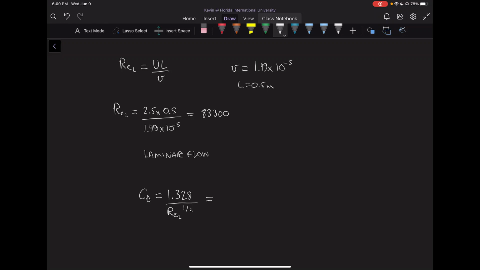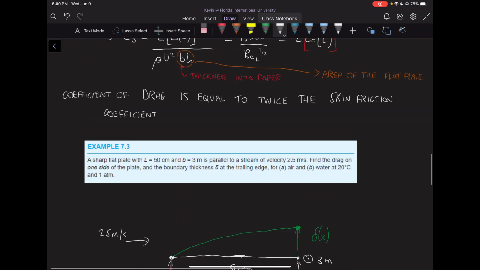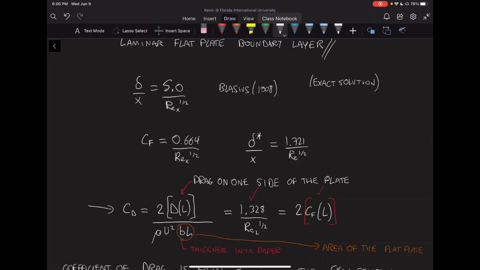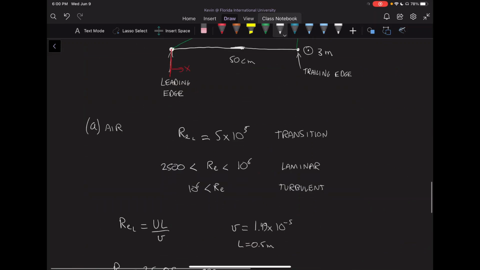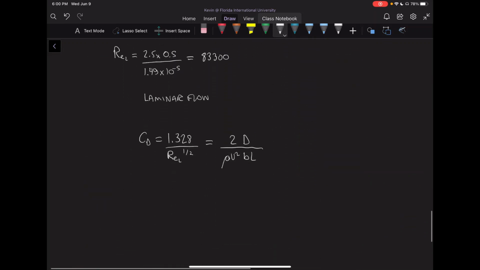And it's also equal to 2 times the drag divided by rho u squared BL. And we can verify this from our equations. We have 2 times the drag as a function of L over rho u squared BL from these equations written here. From here, we're going to be able to find our CD from the Reynolds number, and then eventually find our drag.